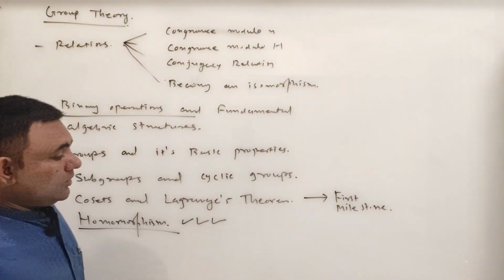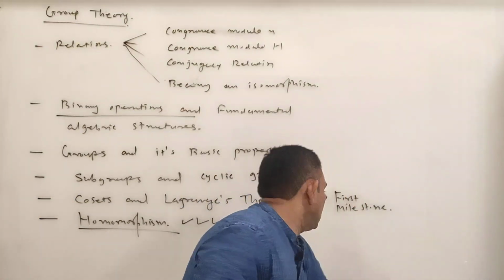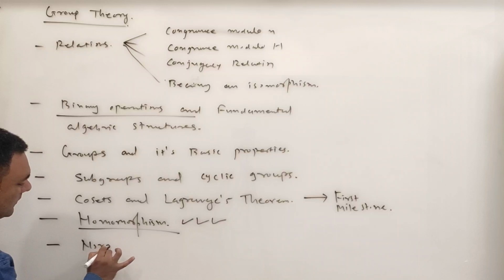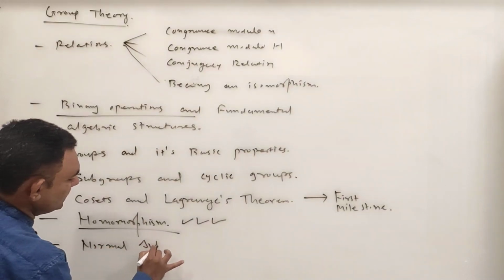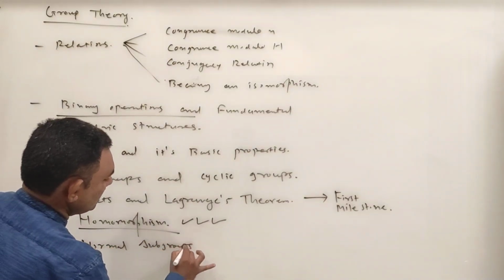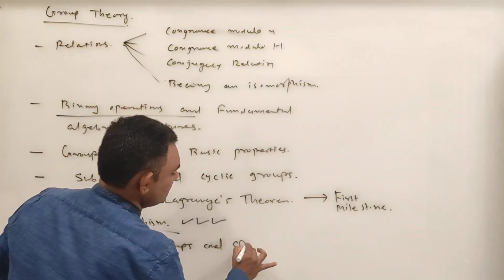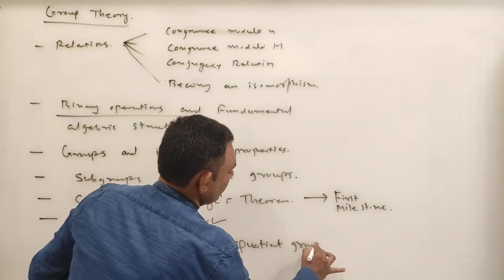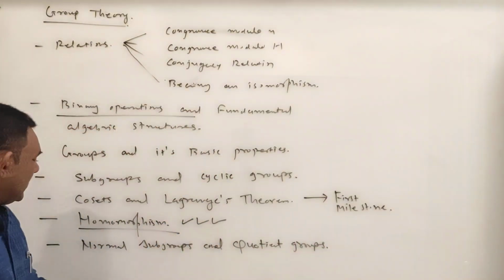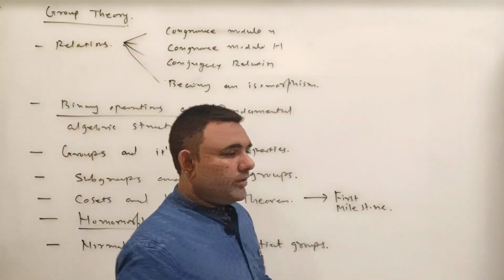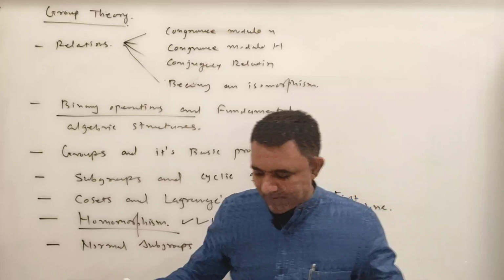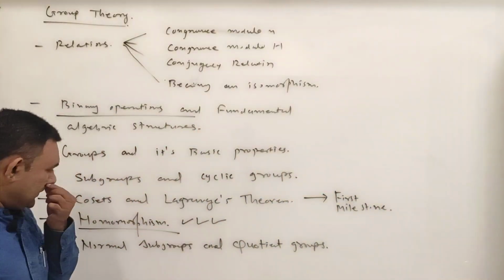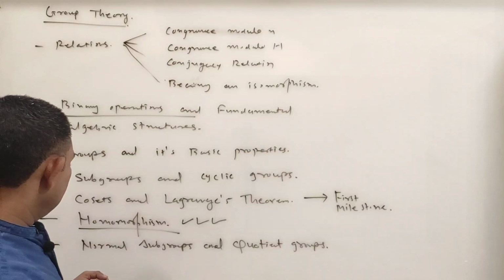Okay, then we go for the normal subgroups. We write here normal subgroups and quotient groups. So after defining the homomorphism, we can talk about its kernel, etc. And we know that the kernel is a normal subgroup of the group once you have a homomorphism.